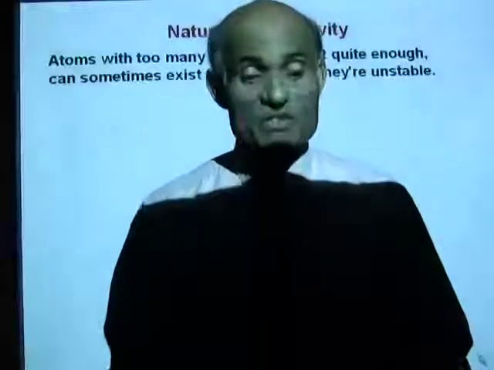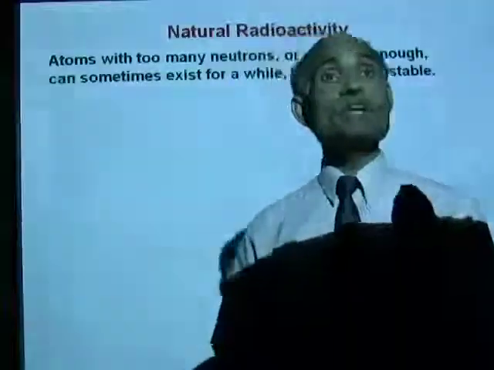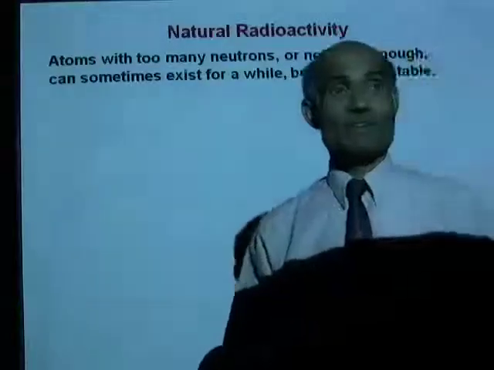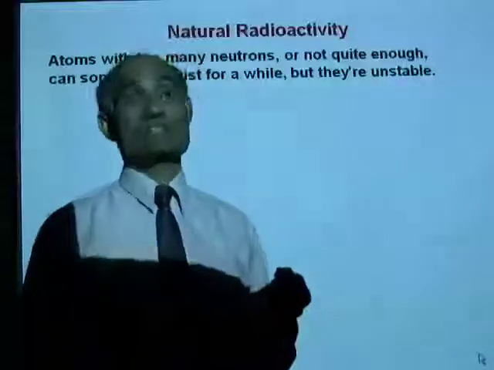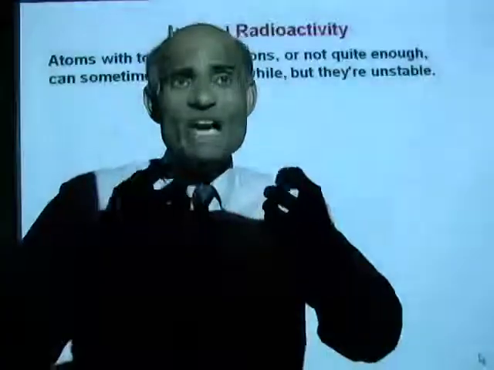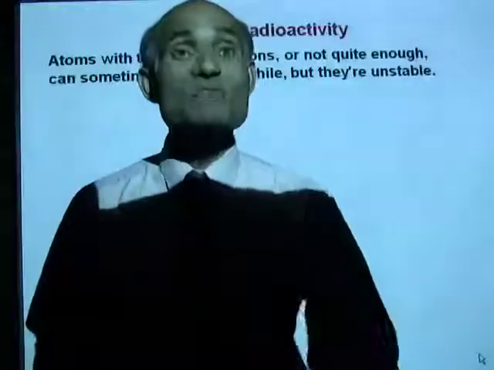So, what is an unstable nucleus? Atoms with too many neutrons or not quite enough can sometimes exist for a while, but they are unstable. If a nucleus is unstable, it has to throw away a part of it to achieve stability.